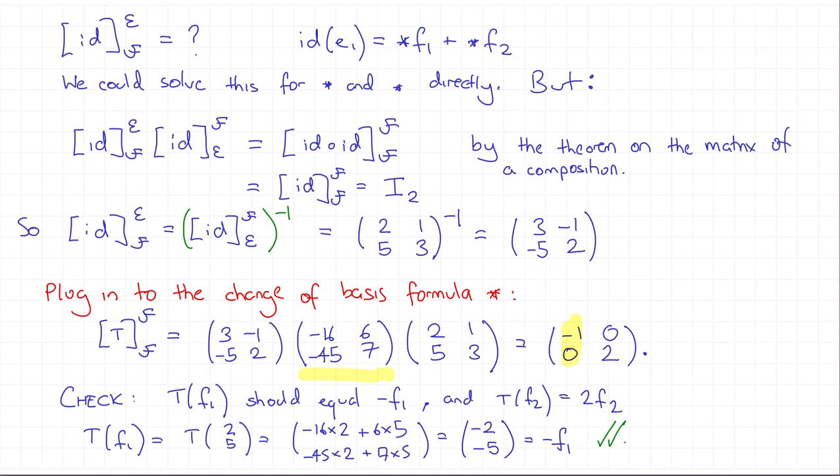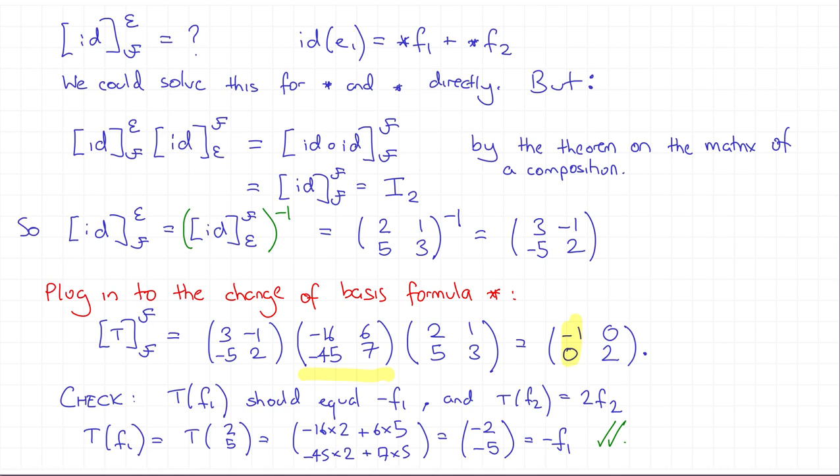It tells you that if you have a vector, which you write in terms of a component in the direction F1 and a component in the direction F2, as a multiple of F1 plus a multiple of F2, then what T does is simply to multiply the component in the direction of F1 by minus 1 and multiply the component in the direction of F2 by 2.